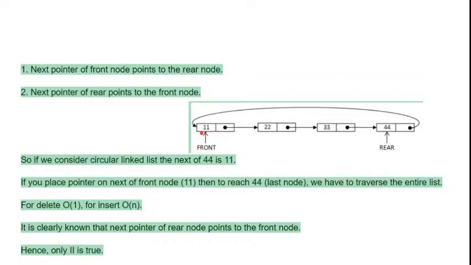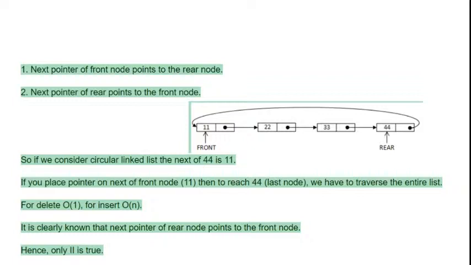If we consider the circular linked list, the next node of 44 is 11. If you place the pointer at the front node, that is 11, then to reach 44 we have to traverse the entire list. So delete is O(1) and insertion would be O(n).